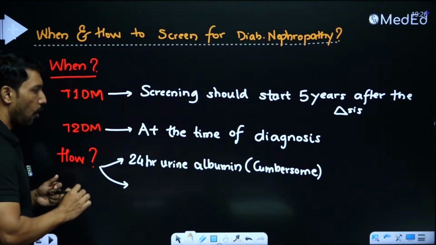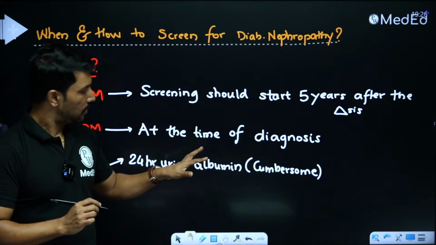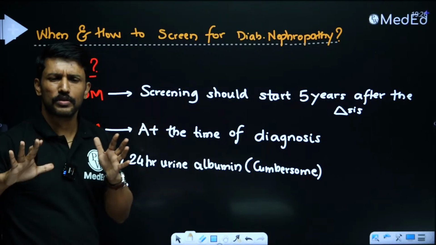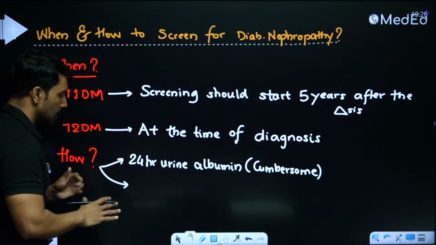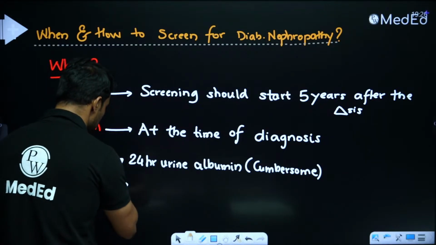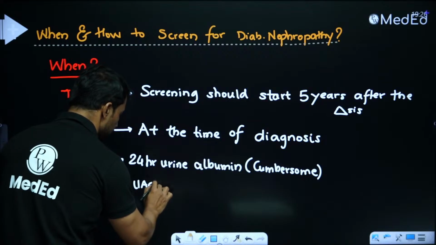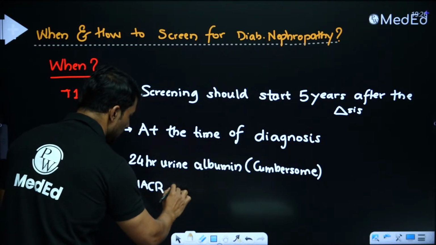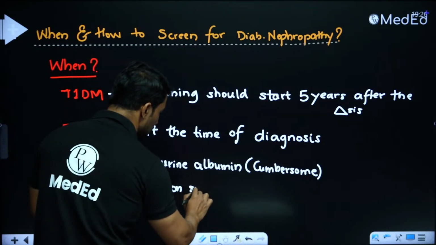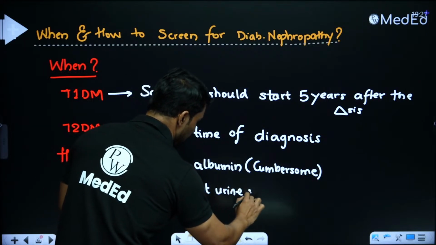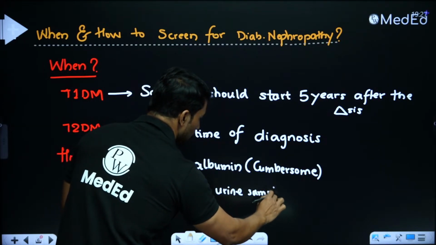What alternative do we have? I think Chandan had already mentioned. The alternative, which is not as great as 24-hour urine albumin, but it is almost comparable in terms of the efficacy, sensitivity and specificity, that is UACR. UACR on spot urine sample. Now what do I mean by that?